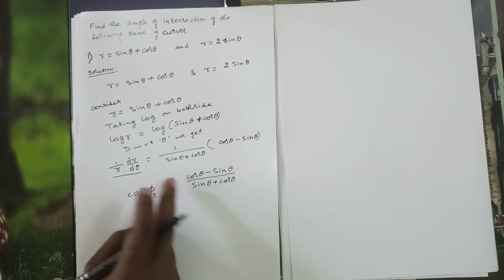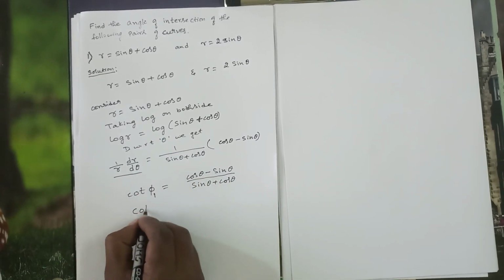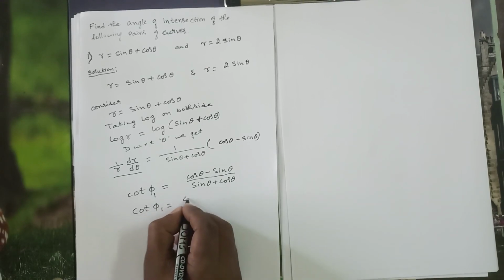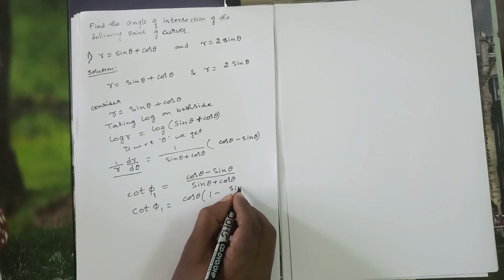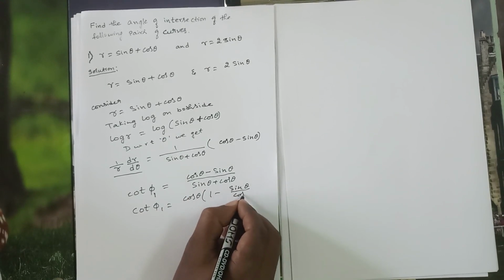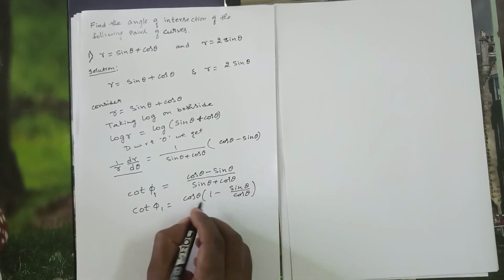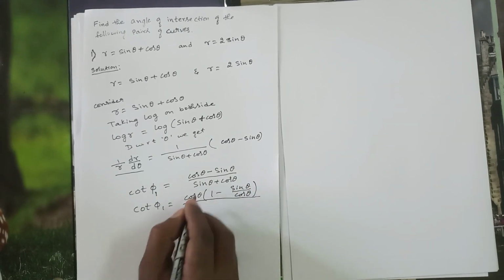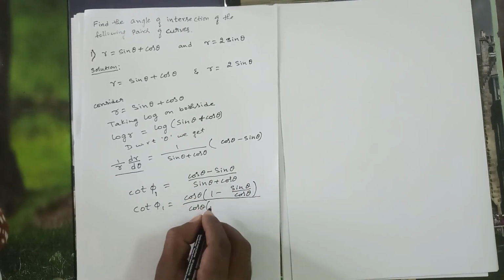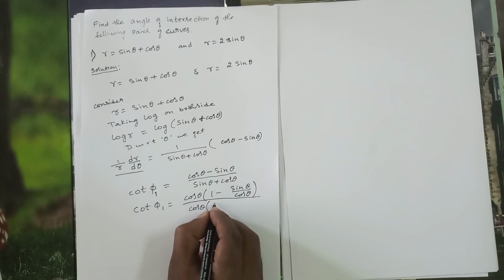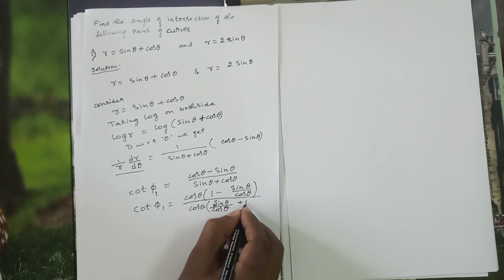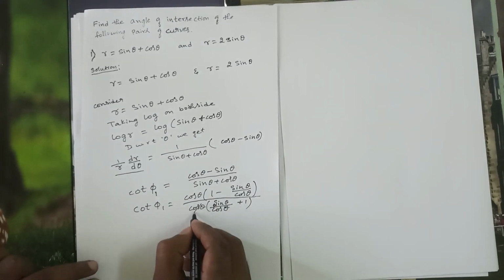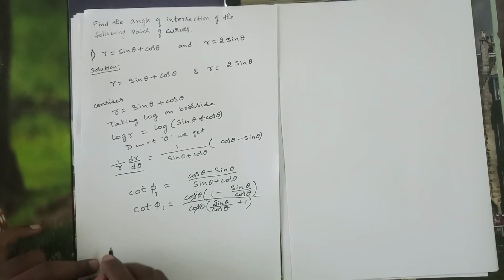Now here I will take cos theta common. So cot phi 1 equals 1 minus sin theta divided by cos theta, whole divided by sin theta divided by cos theta plus 1. So cos theta gets cancelled.